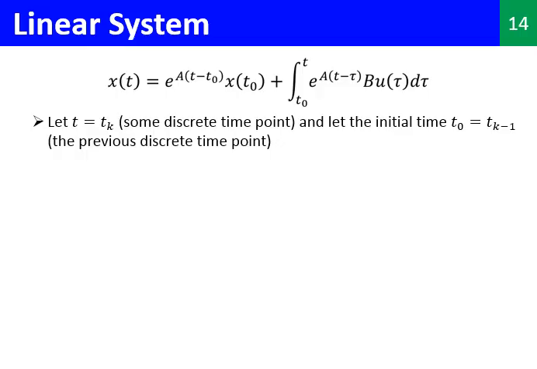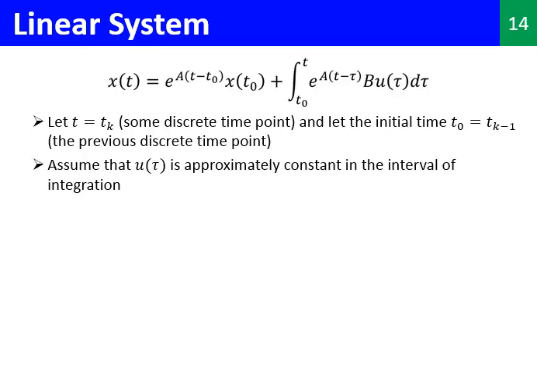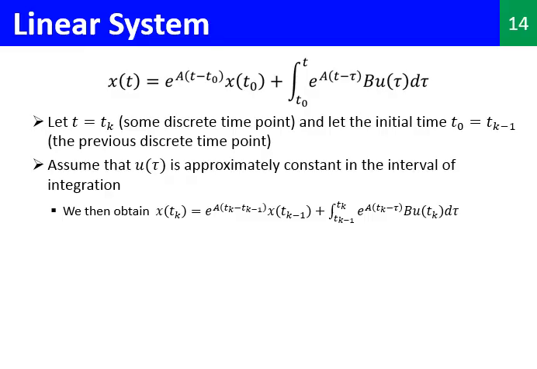I will take t equals tk, which is some discrete point in time, and also I will take t naught to be tk minus 1, which is the previous discrete point of time. Then I will also assume that we have a constant control input throughout that particular interval, and with those two we can obtain this equation.